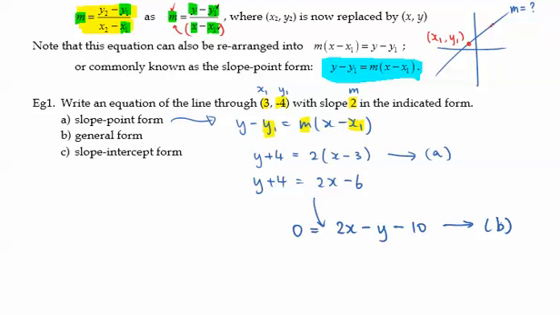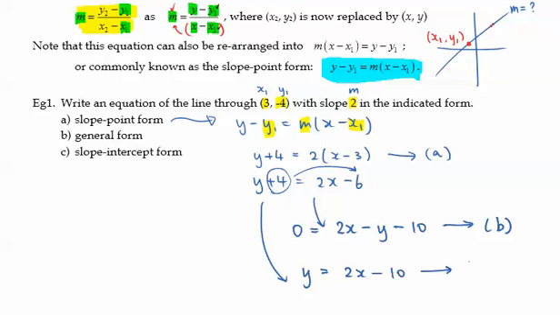But I can also obtain the slope-intercept form from here. The slope-intercept form will have the y on its own. So I will keep the y on the left-hand side by bringing this to the other side. The plus 4, when you bring it to the right-hand side, it becomes minus 10.